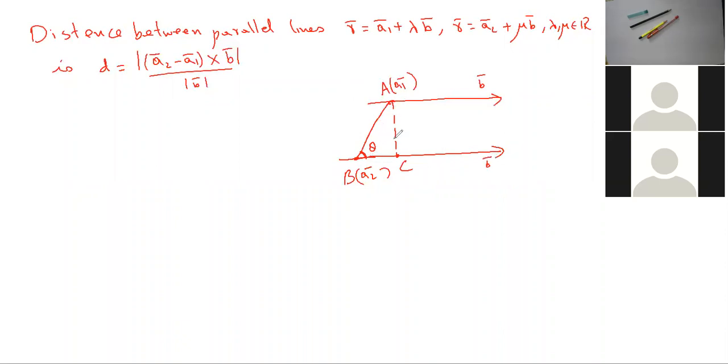Suppose you want this distance, sin theta is equal to the opposite side AC by the magnitude of AB. So AC equal to AB, and AB is A2 minus A1, into sin theta.